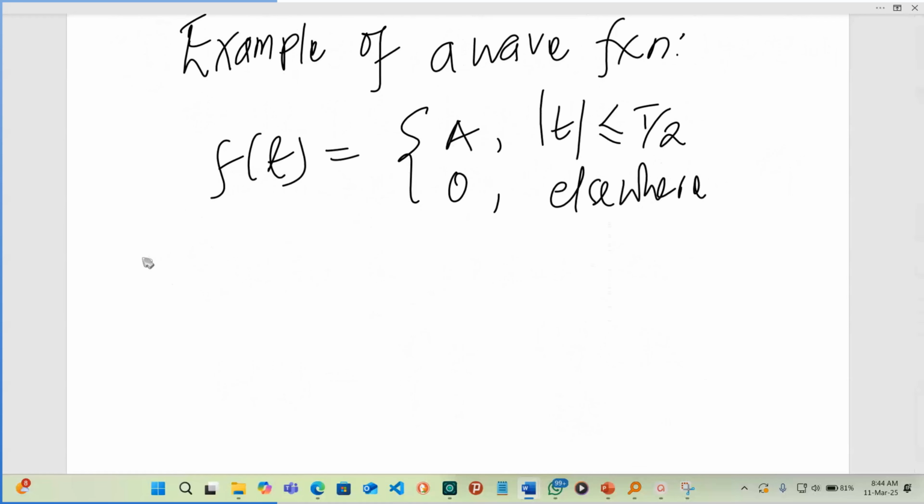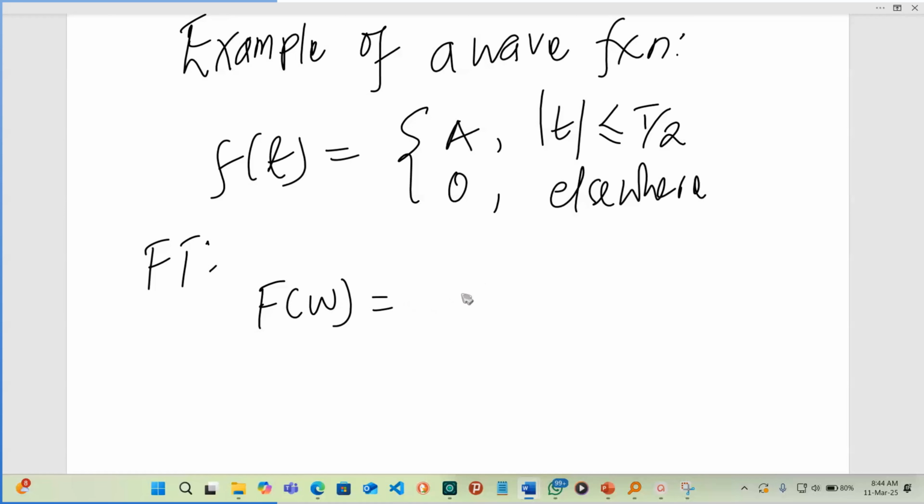So let's look at the Fourier transform of the function. We'll begin by noting another form of the Fourier transform, F of omega, because this also represents a Fourier transform, but in terms of angular frequency, which is also directly related to frequency.